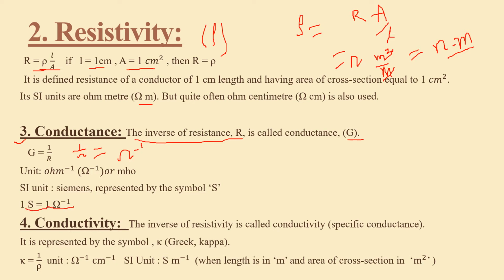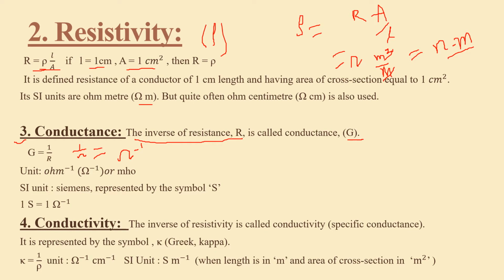Now come to the fourth point, that is conductivity. Conductivity is the inverse of resistivity. As from resistance we discussed resistivity, similarly from conductance we can conclude conductivity. It is also known as specific conductance.